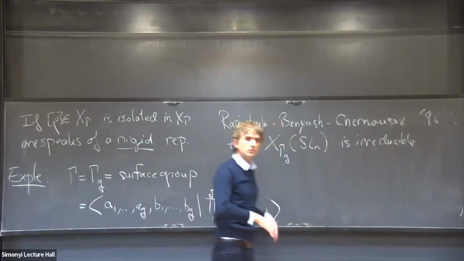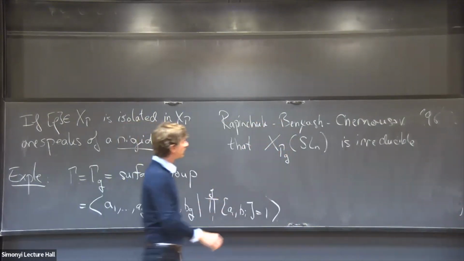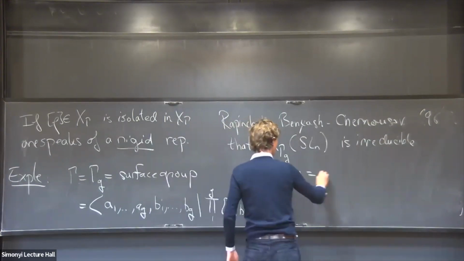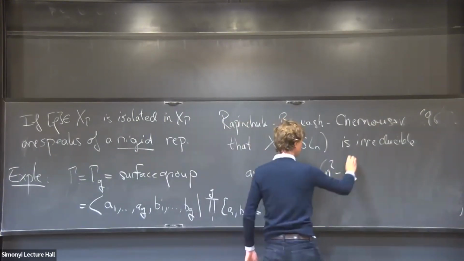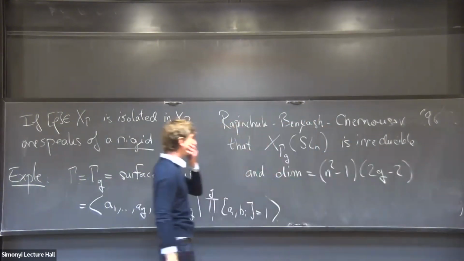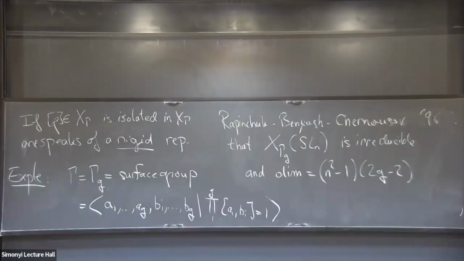So it's absolutely irreducible, it's in one piece. And you can also compute its dimension. The dimension is n squared minus 1 times 2g minus 2.